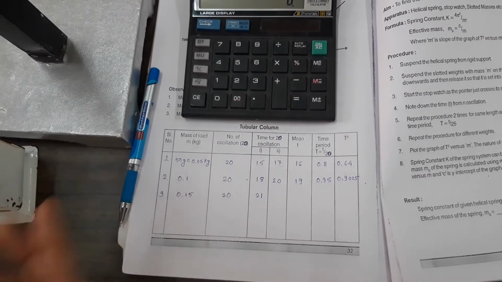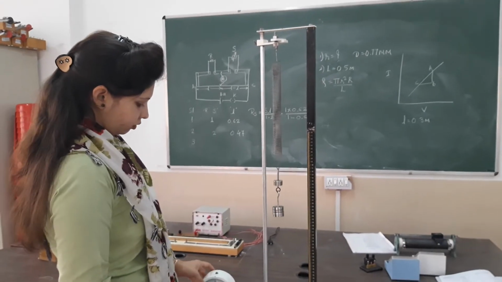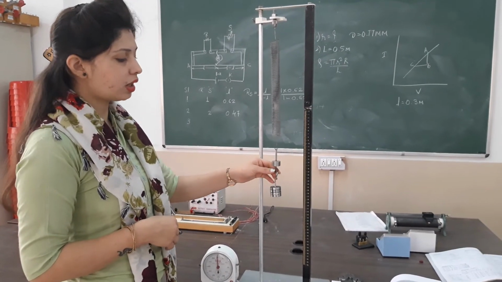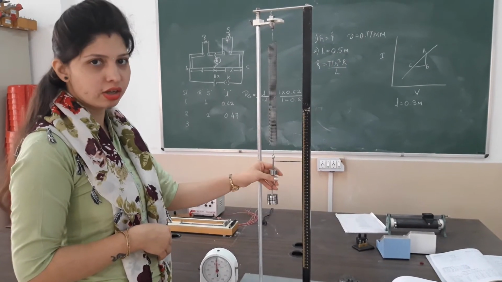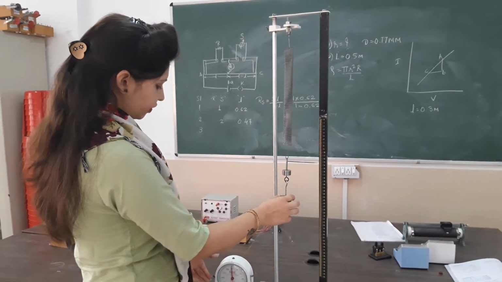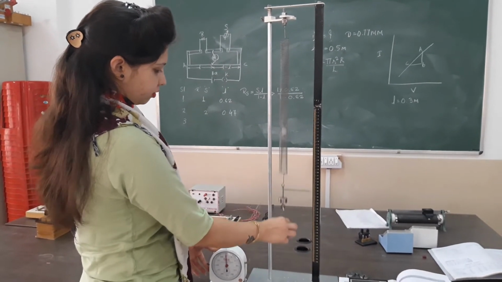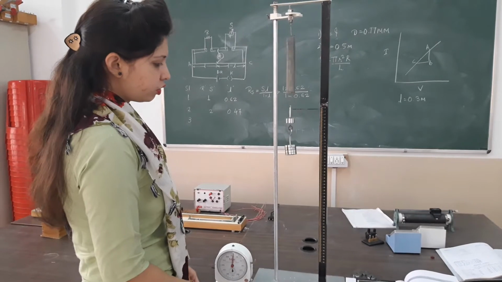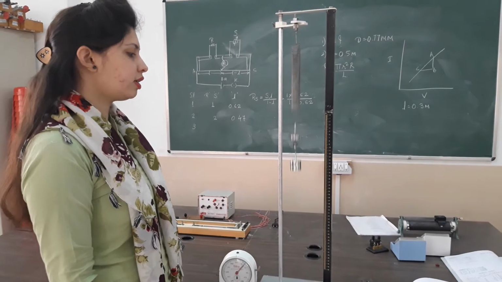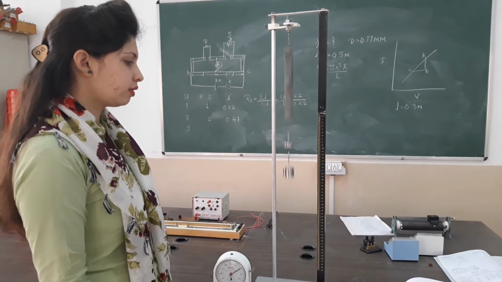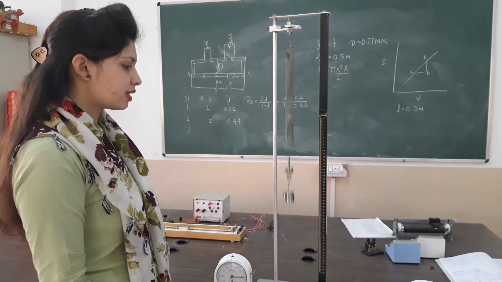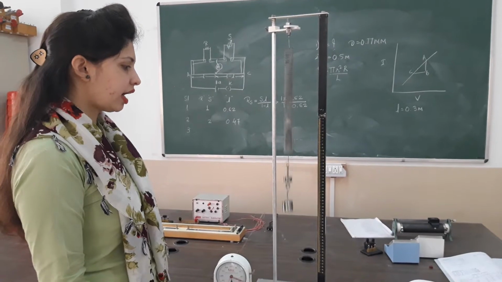One more we will take for the same weight. When we are taking the next reading, make sure that this should come to rest. If it is in motion, please bring this back to rest, then you can start. Last reading we will take for this. 1, 2, 3, up to 20.